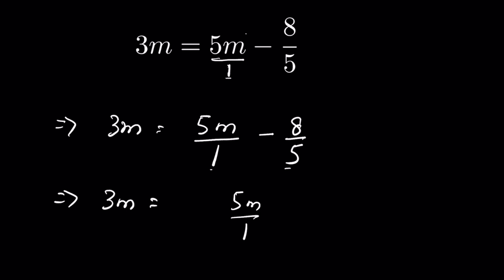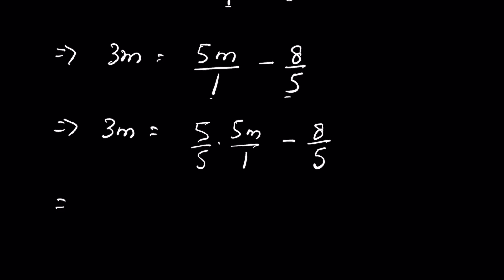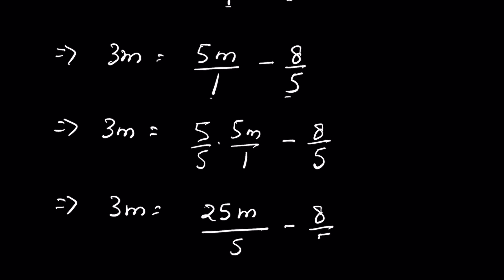So we can multiply and divide it by 5 and there won't be any difference. Minus 8 upon 5, or 3m is equal to, now it is 5 times 5 is 25m. As I said, we can multiply it upon 5, minus 8 upon 5.